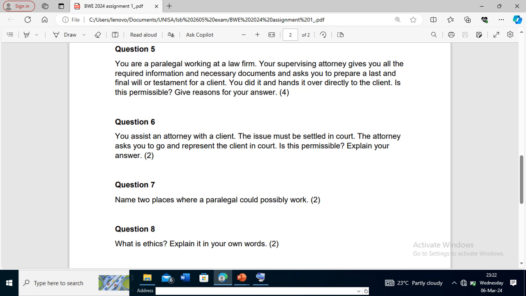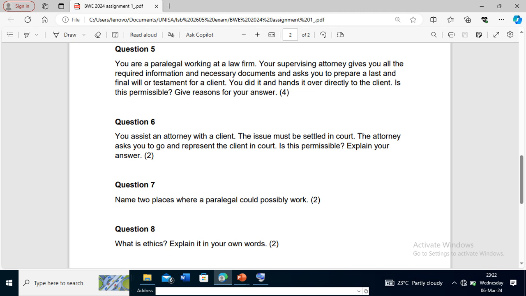There are certain things that you have to go through too, like articles. So a paralegal does not have the right to appear in court or to do articles. You will need to do an LLB so that you can qualify to do any articles, either an LLB or a bachelor's in, what is it, a BA Law, something like that. But that one is a long drive. So the answer to this one is a no.